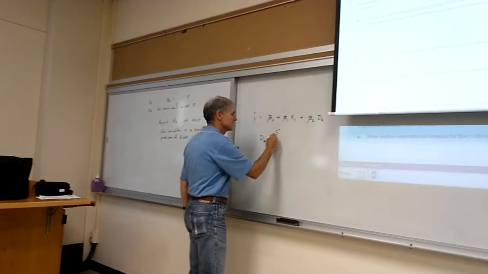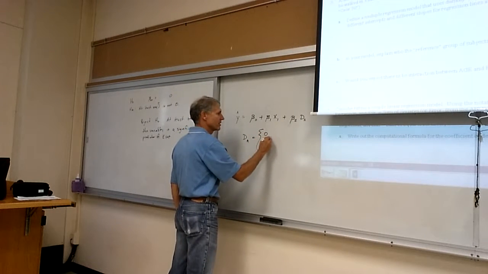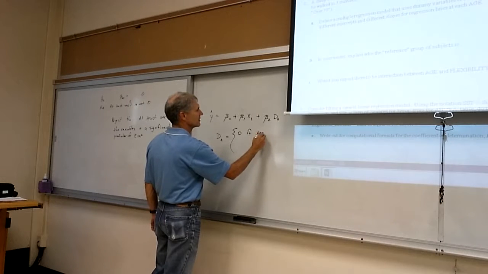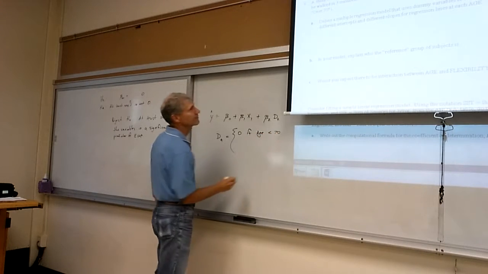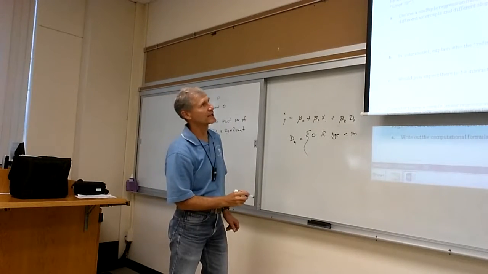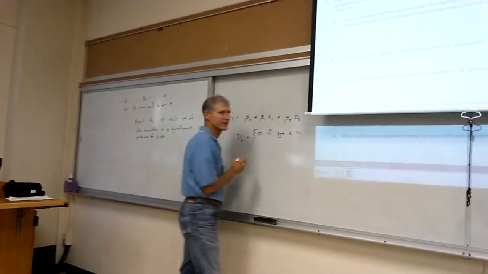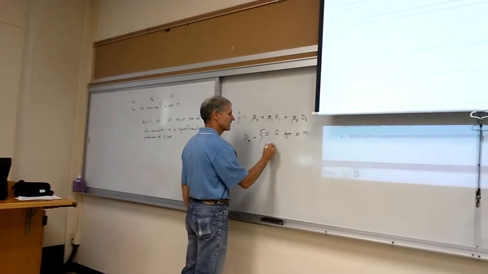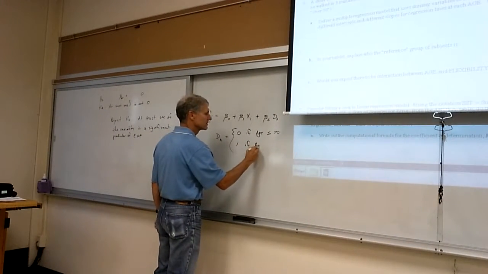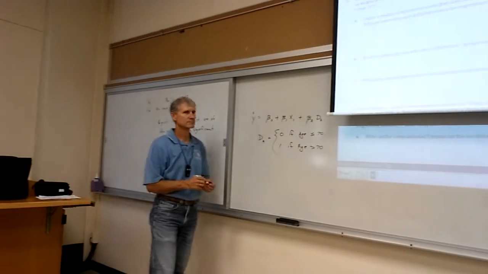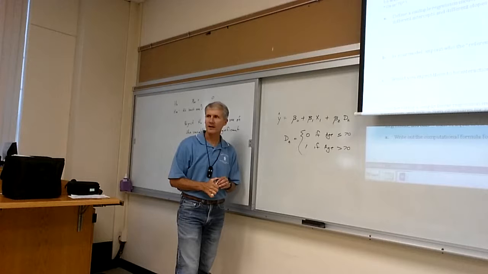Okay, so D sub A will be 0 if age is less than 70. No, it's 70 or less. So less than or equal to 70. Right? And then it's a 1 otherwise. Okay?